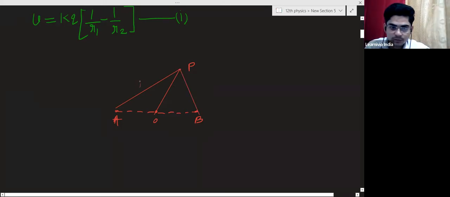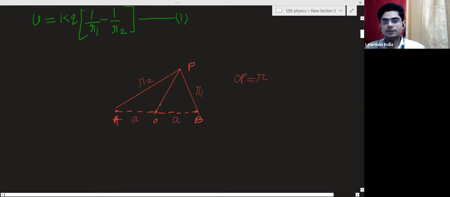This distance was R2, and this distance was R1, and this distance OP is R. OP is equal to R, and this was A, and this angle is theta.